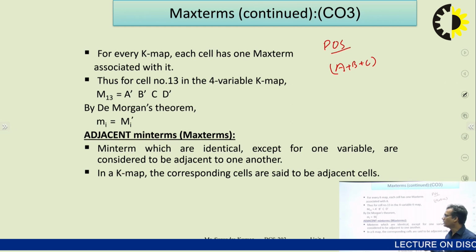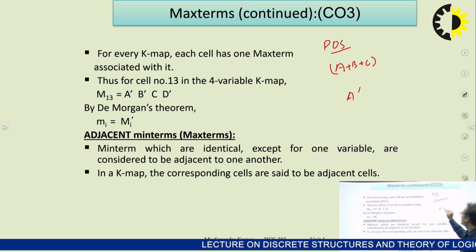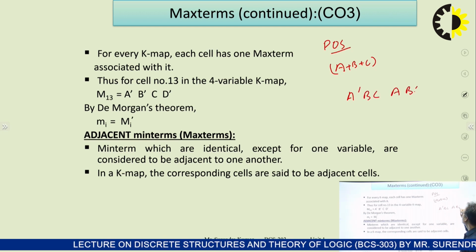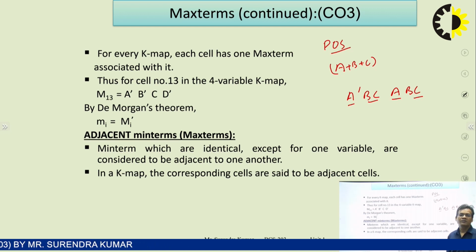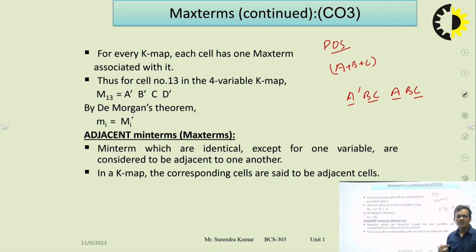So now we talk about adjacent minterms and maxterms. That means A bar B C and A B C. Here B and C are the same, but A is different. So adjacent minterms or maxterms are those which change by a single literal or single variable.